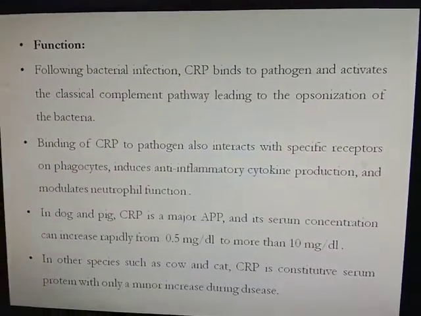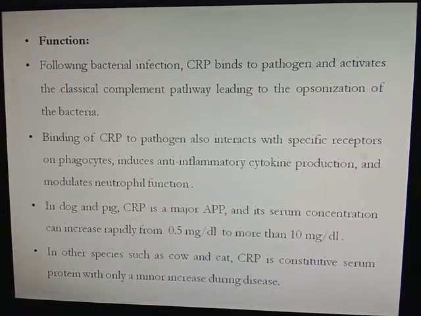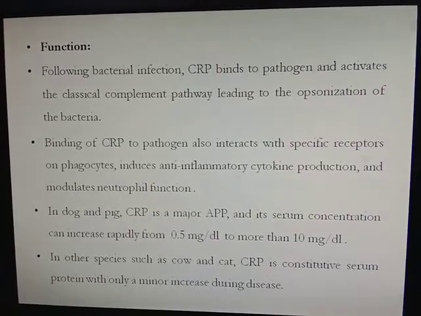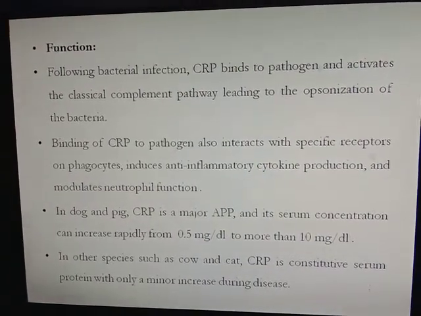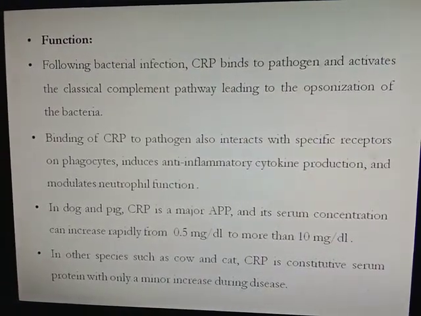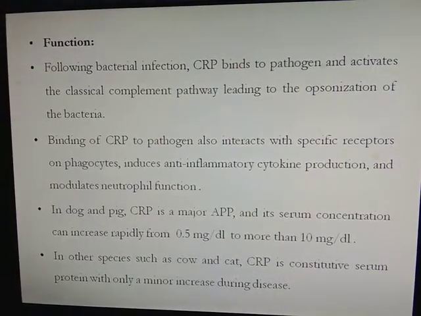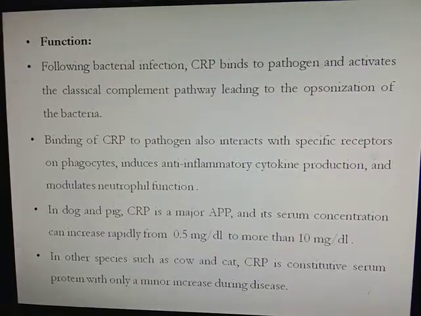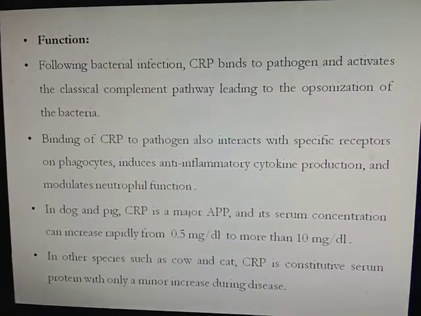Now the function of C-reactive protein. Following bacterial infection, C-reactive protein binds to the pathogen and activates the classical complement pathway, leading to opsonization of bacteria. Binding of C-reactive protein to the pathogen also interacts with specific receptors on phagocytes, induces anti-inflammatory cytokine production and modulates neutrophil function.